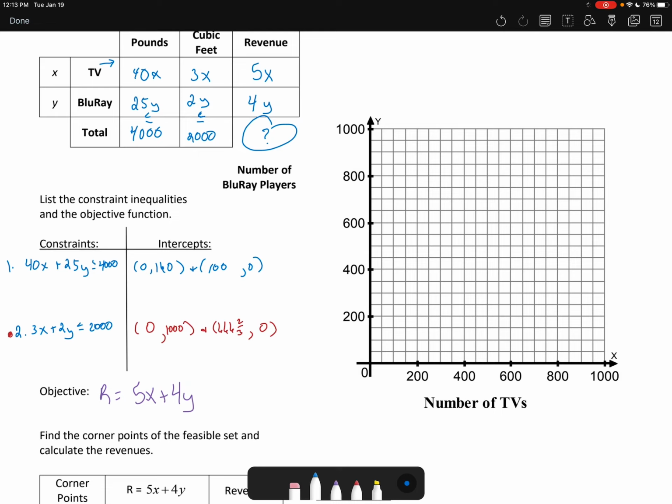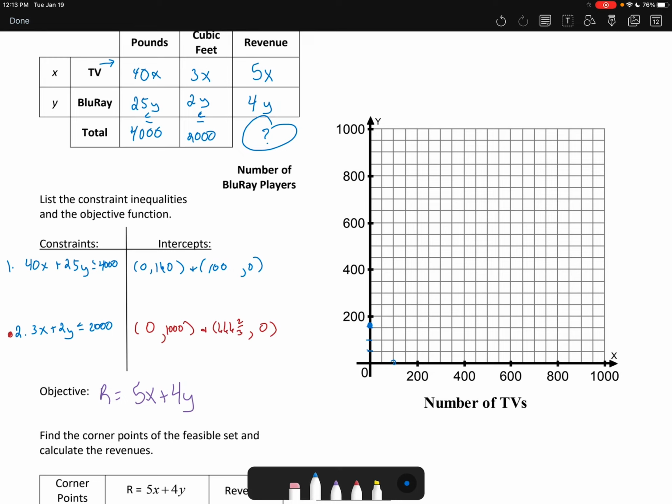Okay, coming over to my coordinate plane, I need to graph 0, 160. So it looks like they're counting by 25s. So this would be 25, 50, 75. No, wait, that's not what they're counting as. They're counting by 50s. So this would be 50, 100, 150, 200. So 160 would be just above here.